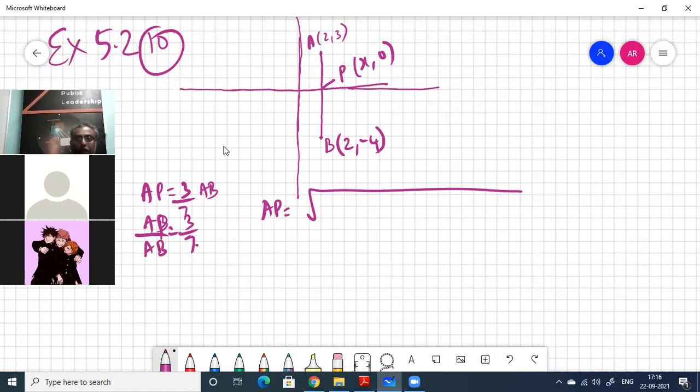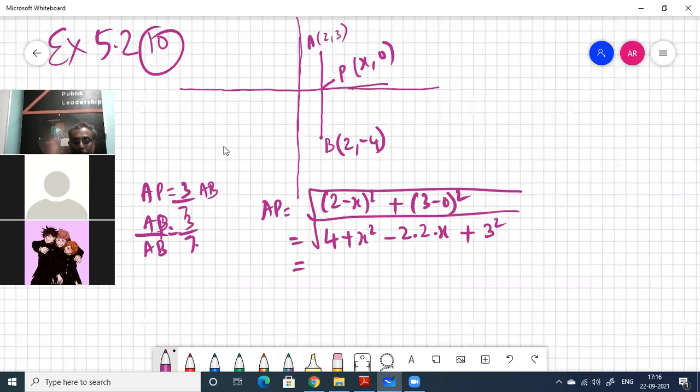AP is equal to the root of 2 minus x the whole square plus 3 minus 0 the whole square. A minus B the whole square is equal to A squared plus B squared minus 2 into A into B. Plus 3 minus 0 is 3 squared.